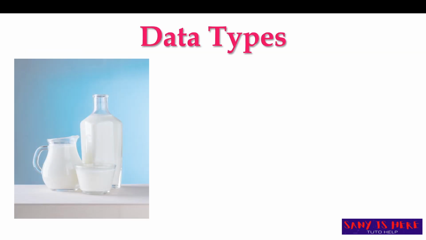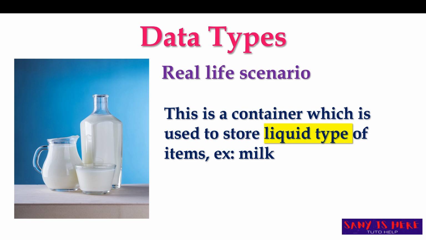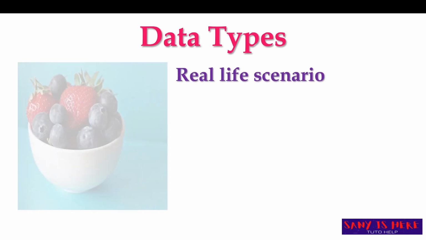We'll see the real life scenario. Let us see, this is a container which is holding liquid type of item, that is milk. Don't worry about the container, we are just going to differentiate the types. Or you may see another example.